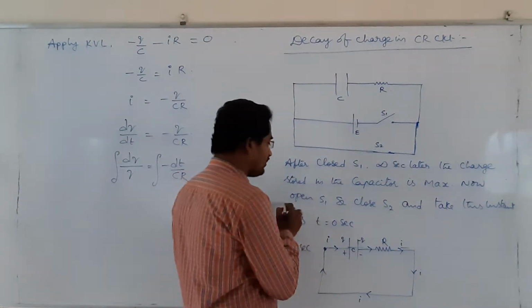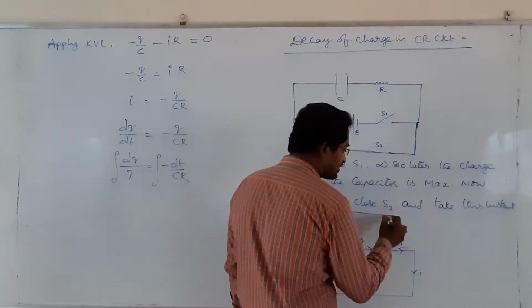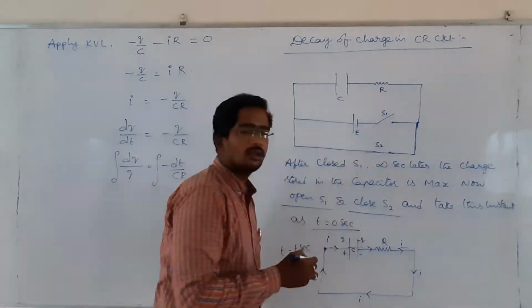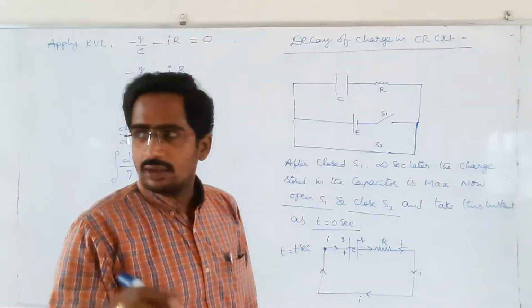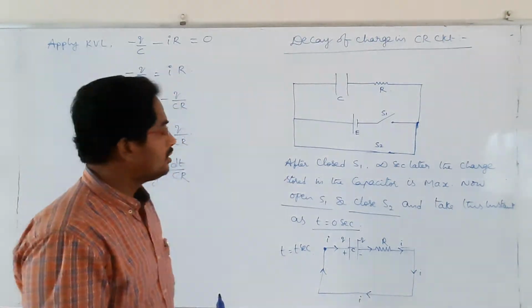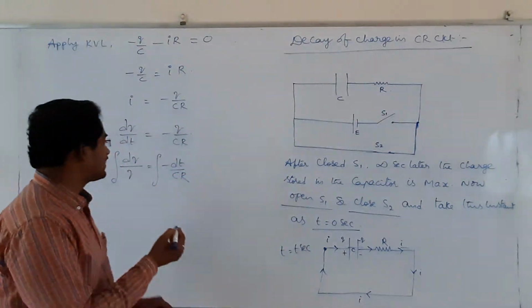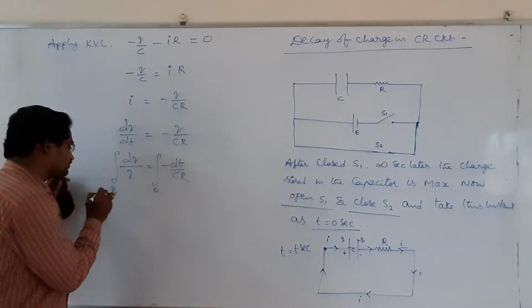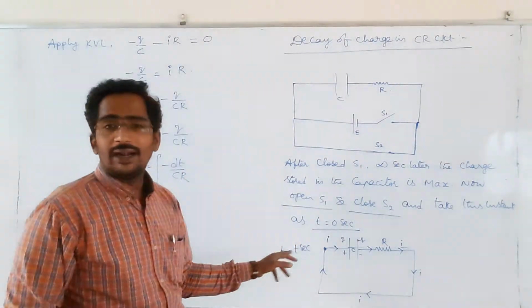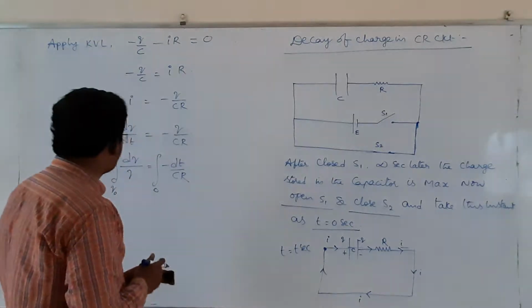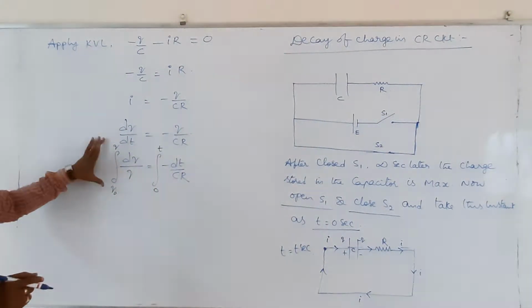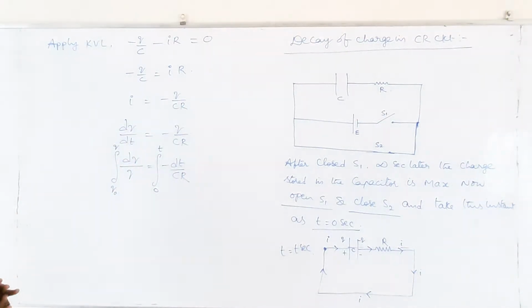When we open S1 and close S2, at that moment of 0th second, the charge in the capacitor is maximum, Q naught. Now at the time of t seconds, the charge value is Q. So these are the limits for this integration.